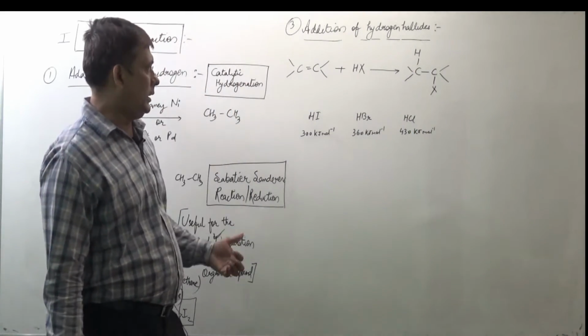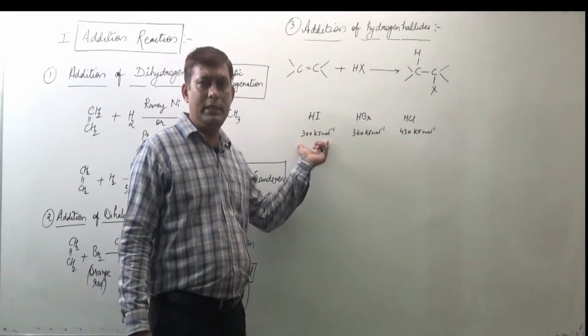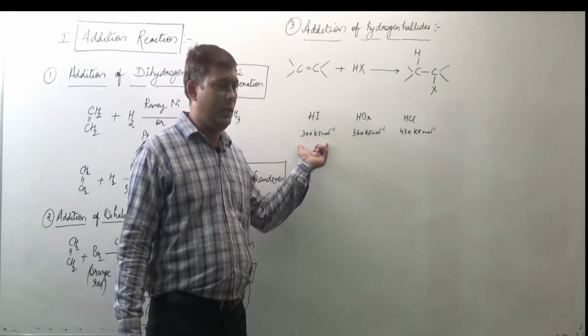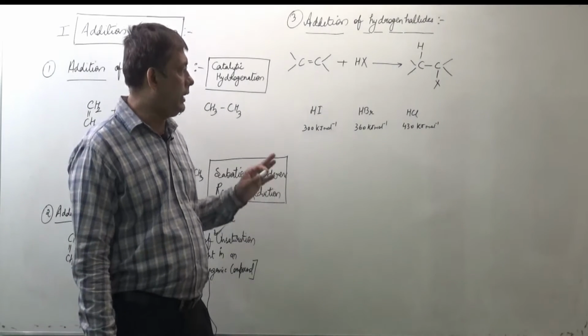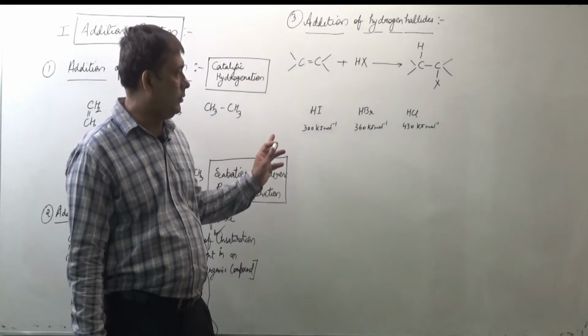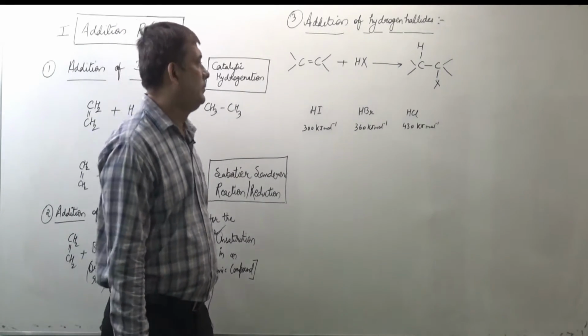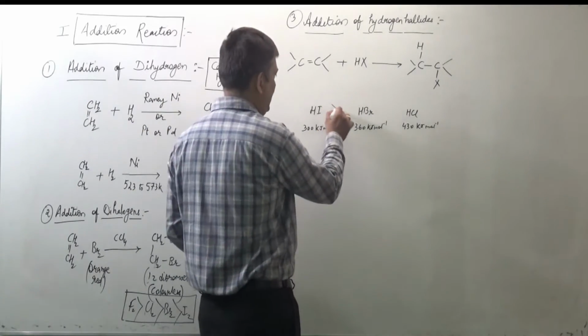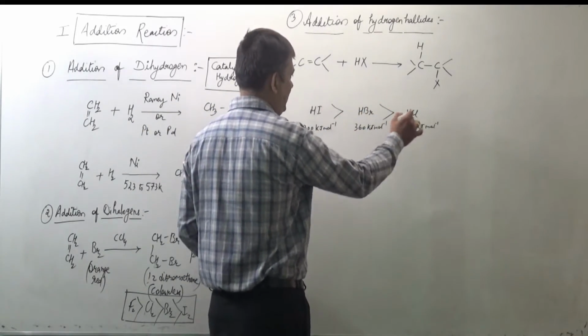Hence we can see the bond dissociation energy is least in case of HI. The order of reactivity of these hydrogen halides is HI greater than HBr greater than HCl.